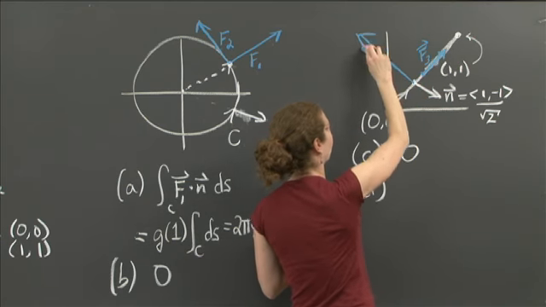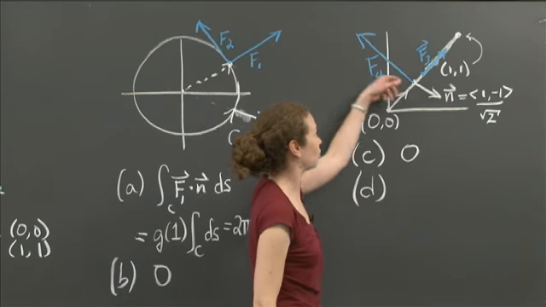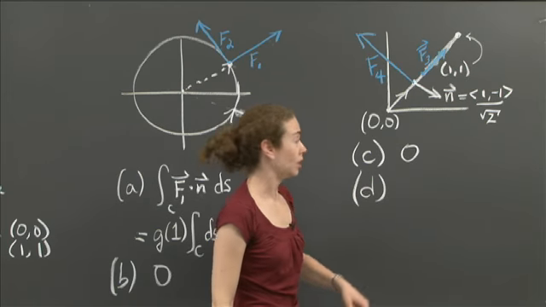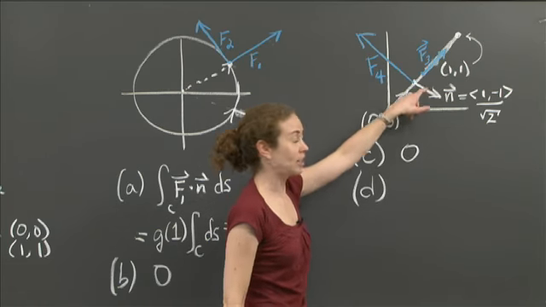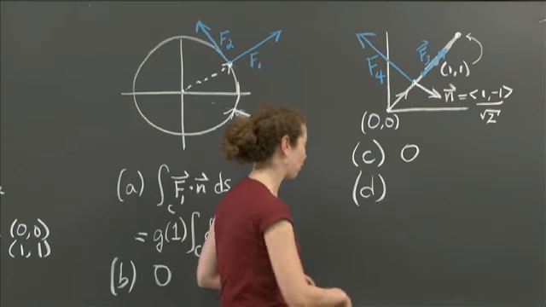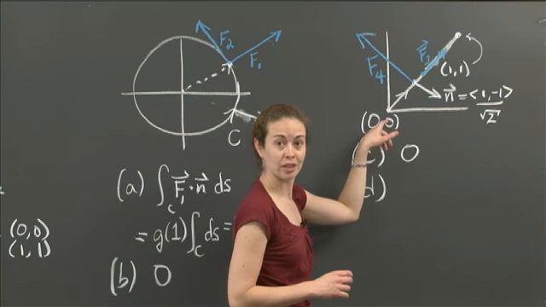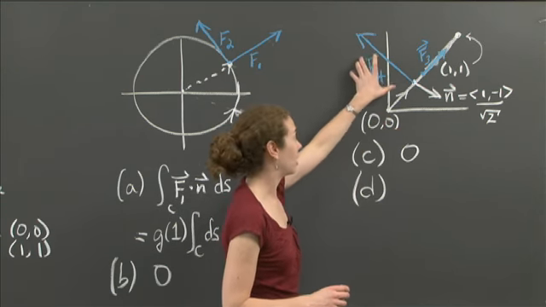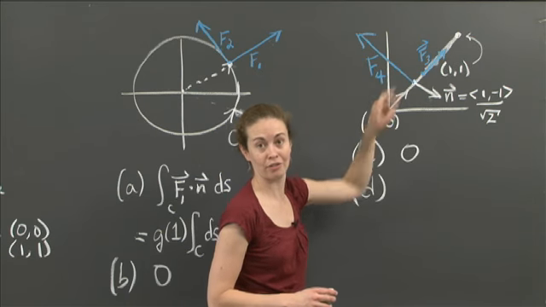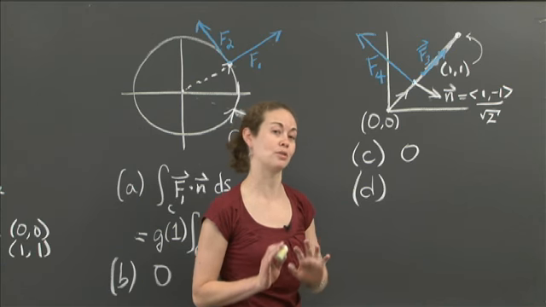This is probably not quite long enough, but that's at least the direction of F sub 4. And so F sub 4 is exactly the opposite direction to the normal. So if I want to compute the flux of F sub 4 along this curve, all I have to understand is F sub 4 dotted with the normal and the length of the curve. This is exactly the same type of solution as part A.